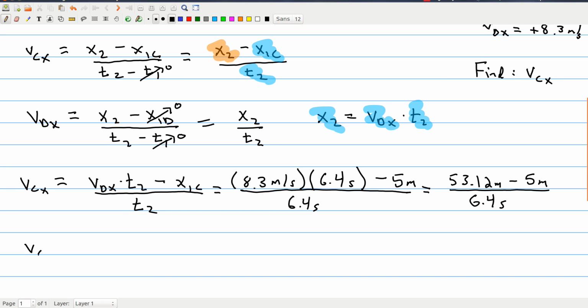Multiplying and subtracting and dividing everything out, we get 7.5188 meters per second.